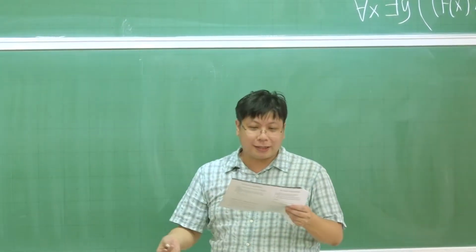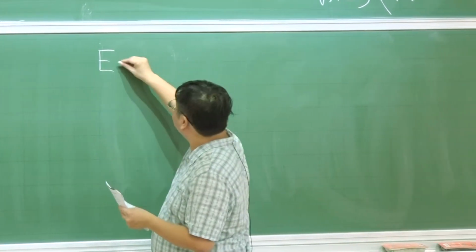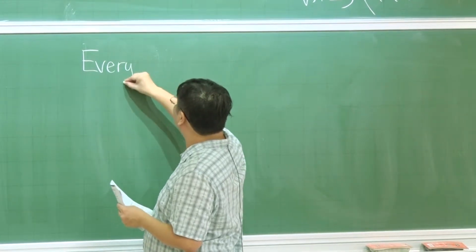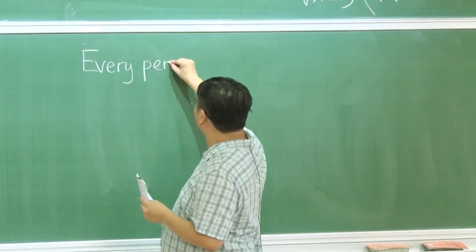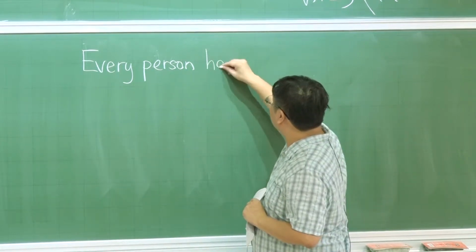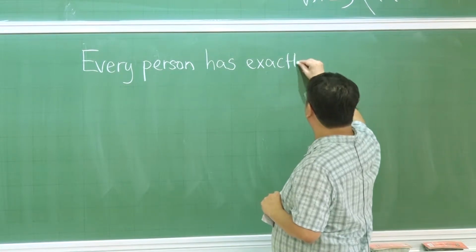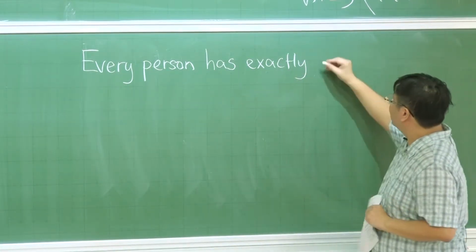Okay, the sentence itself is very easy. It says, every person has exactly one best friend.